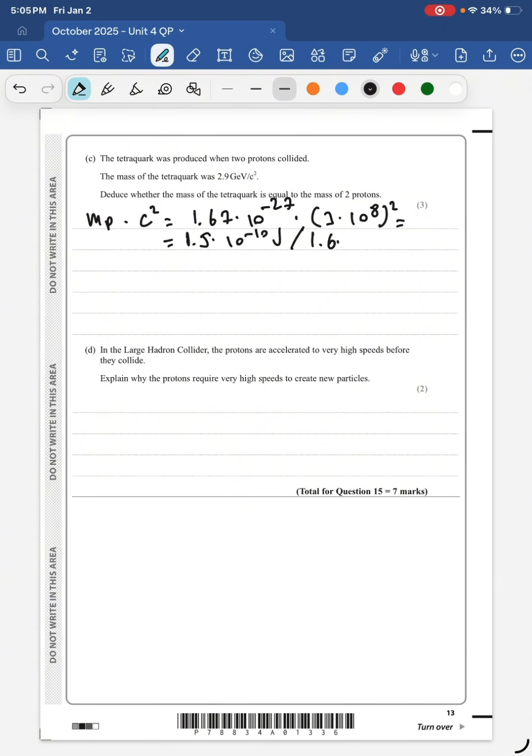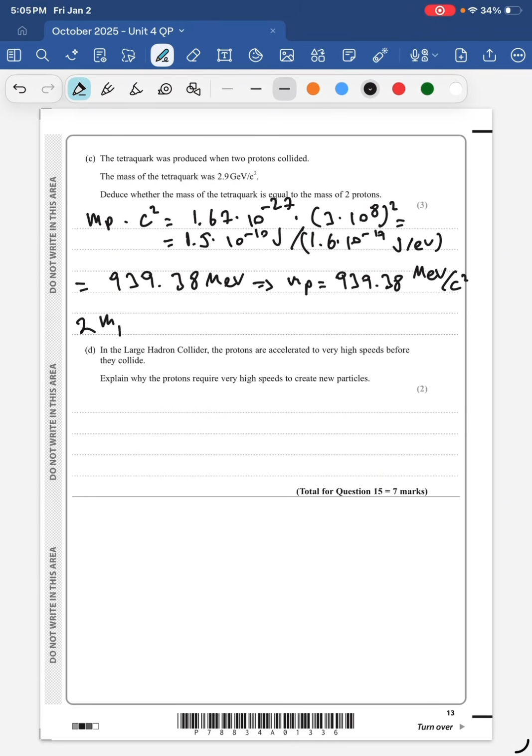If we divide by 1.6 times 10 to the negative 19 joules per eV, we find 939.38 MeV. So the mass of the proton is 939.38 MeV over c squared.